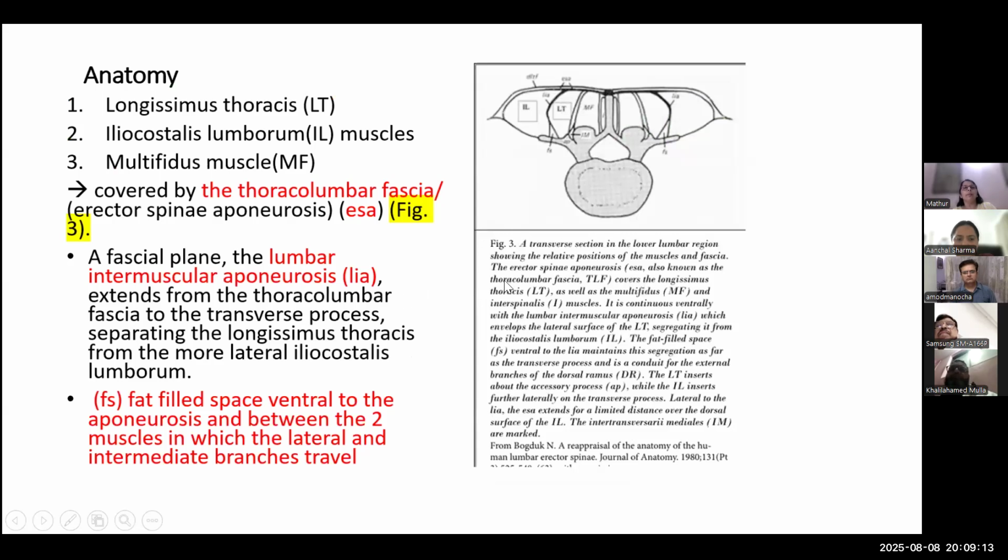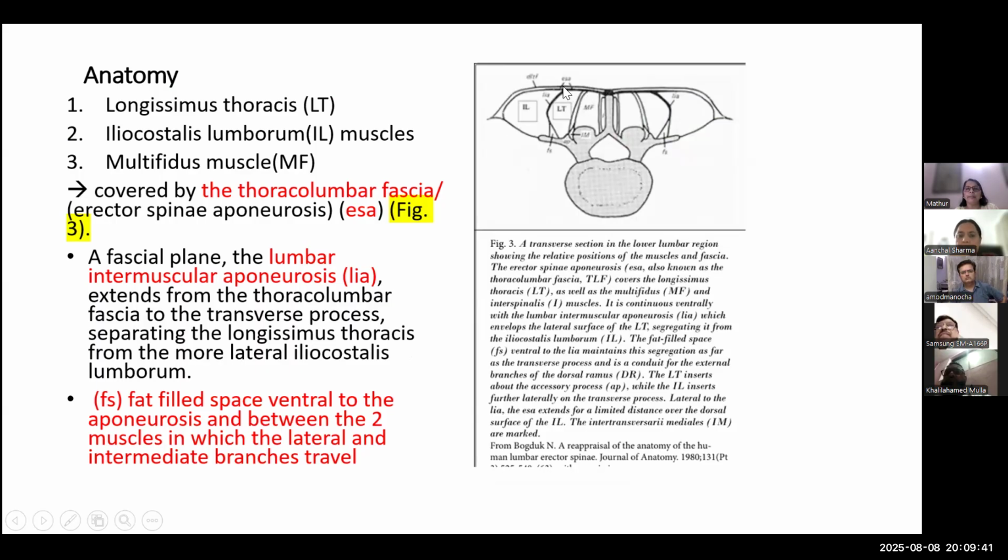So a bit more about this anatomy. As you can see in this diagram, this is the transverse section in the lower lumbar region. So here we have the multifidus. MF is the multifidus, LT is the longissimus thoracis muscle, and IL is the iliocostalis lumborum muscle. So these are covered by a fascia that is called the thoracolumbar fascia or the erector spinae fascia, ESA, that's been labeled.